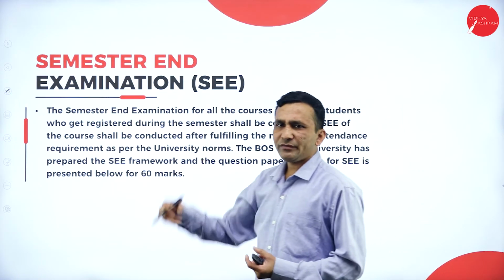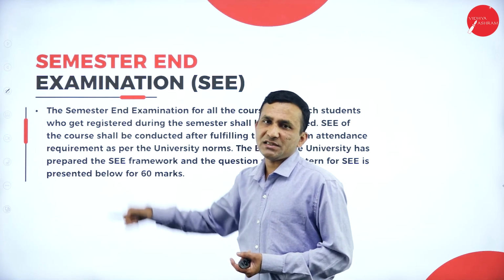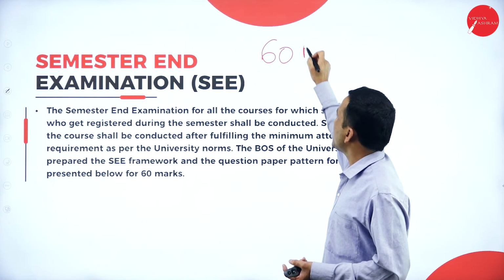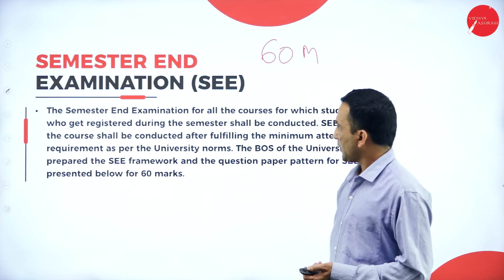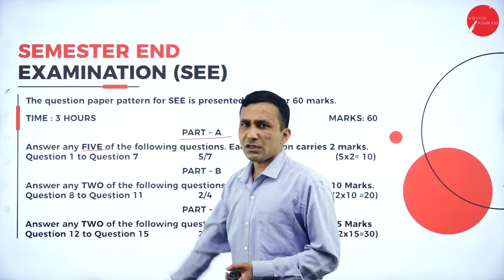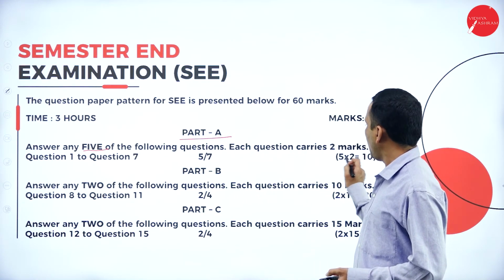At the end of the semester, as a student, you have to write the end of semester examination. The semester examination question paper is assigned 60 marks. There are different patterns. In part A, you have to answer 5 questions, each carrying 2 marks, 2 into 5, 10.